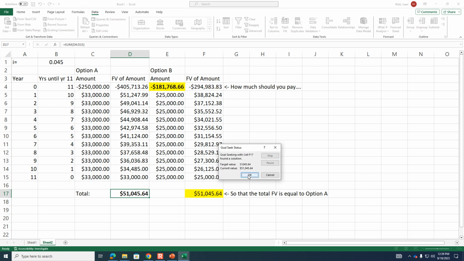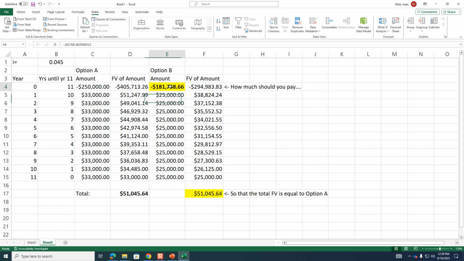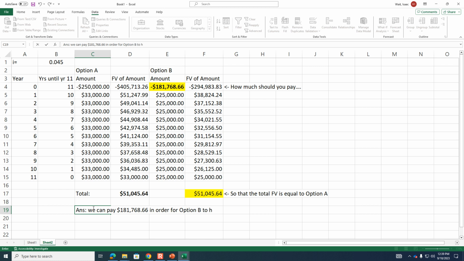Click OK. So what that says is the answer, we can pay $181,768.66 in order for option B to have the same overall future worth as option A.